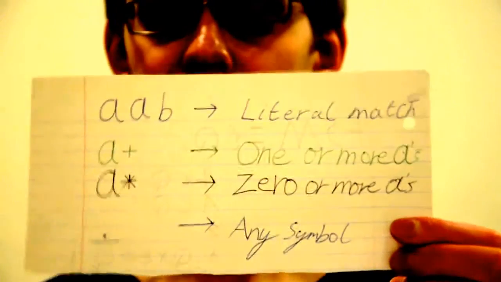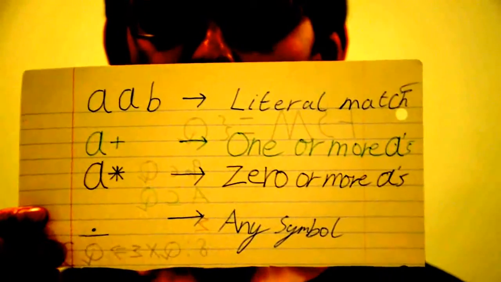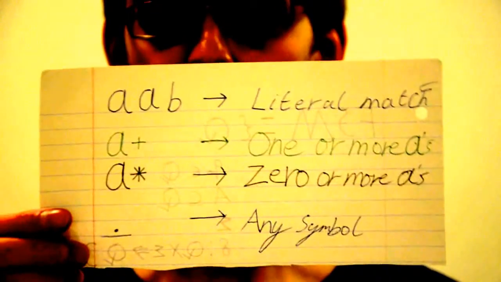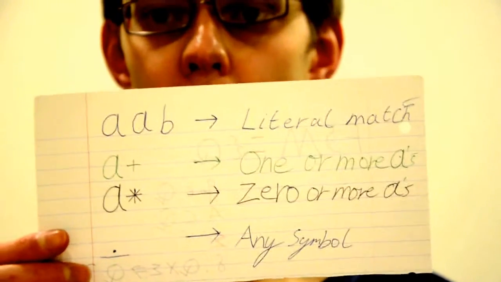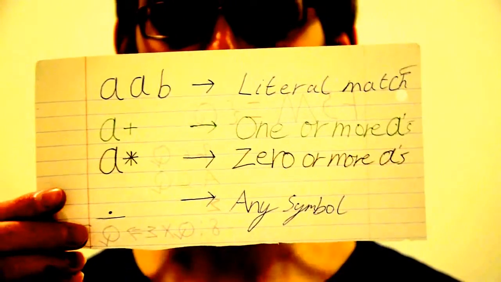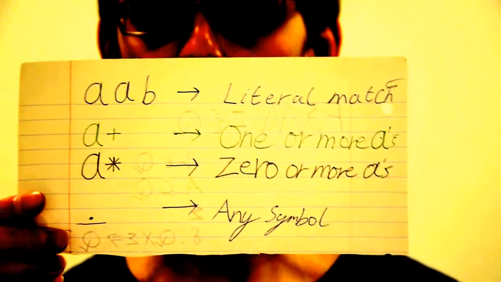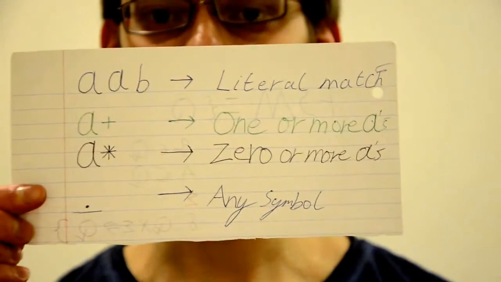Then we start to get some ambiguity and some possibility for recursion with the plus postfix symbol, which we're interpreting as meaning one or more repetitions of the symbol preceding it, and the star, which is zero or more, and then just the dot, which will be any symbol accepted.